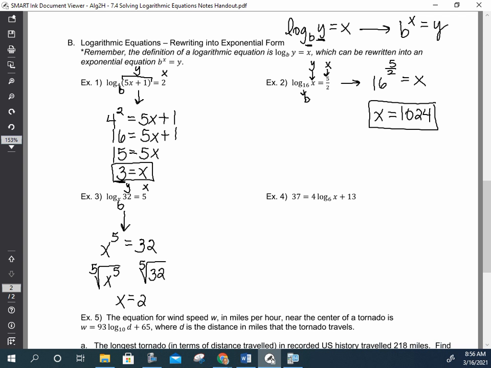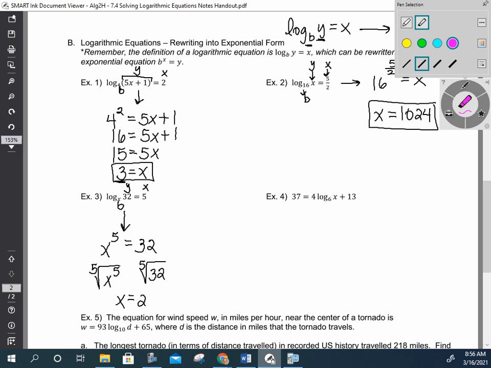All right. So let's look at number 4 before we tackle the word problem example. This time with example 4, you have a lot of stuff sitting around the logarithm.